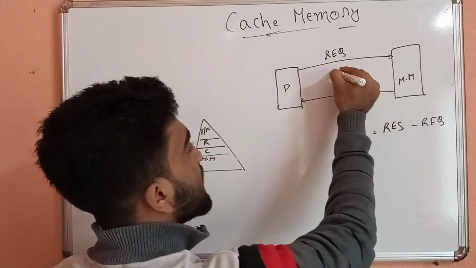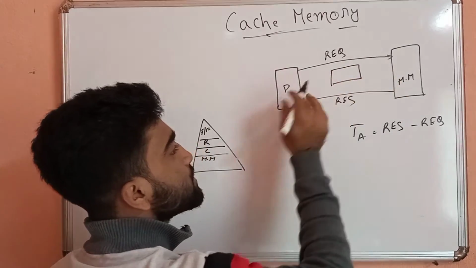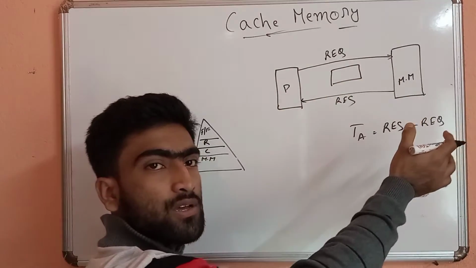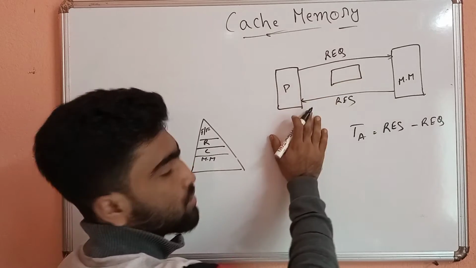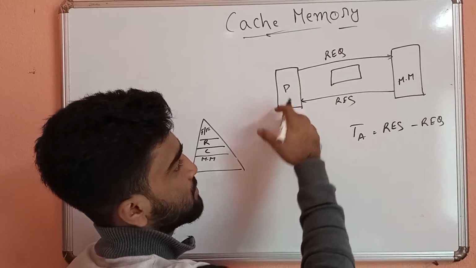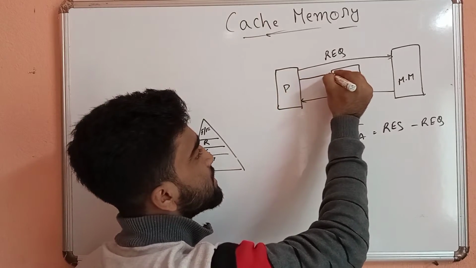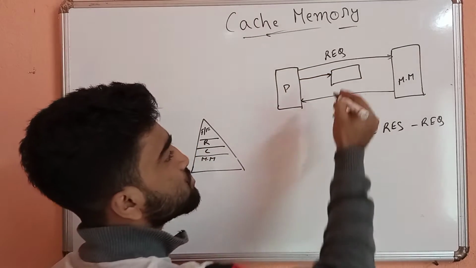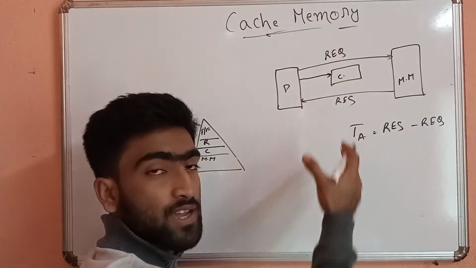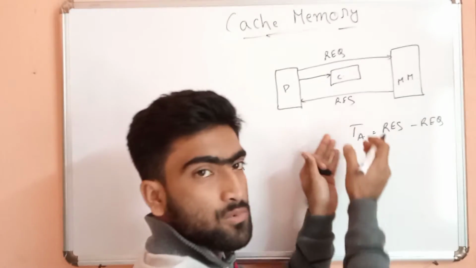So we place a cache memory in between the processor and main memory, so that before accessing the main memory, the processor will first send a request to the cache memory to see if that block is present in the cache memory or not.